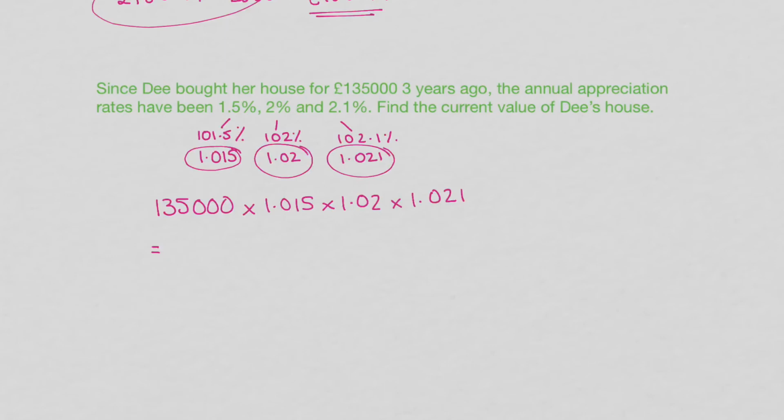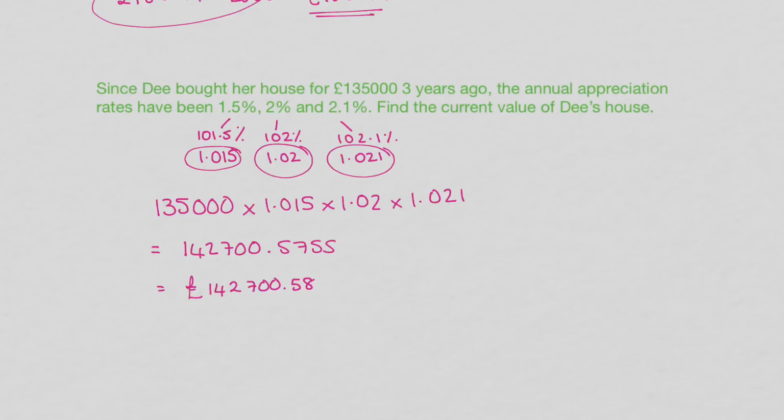Altogether, you get 142,700.5755. If we change that into money, because it's a house value, it's £142,700.58. But like I say, the pence don't matter when you're buying and selling houses, do they?